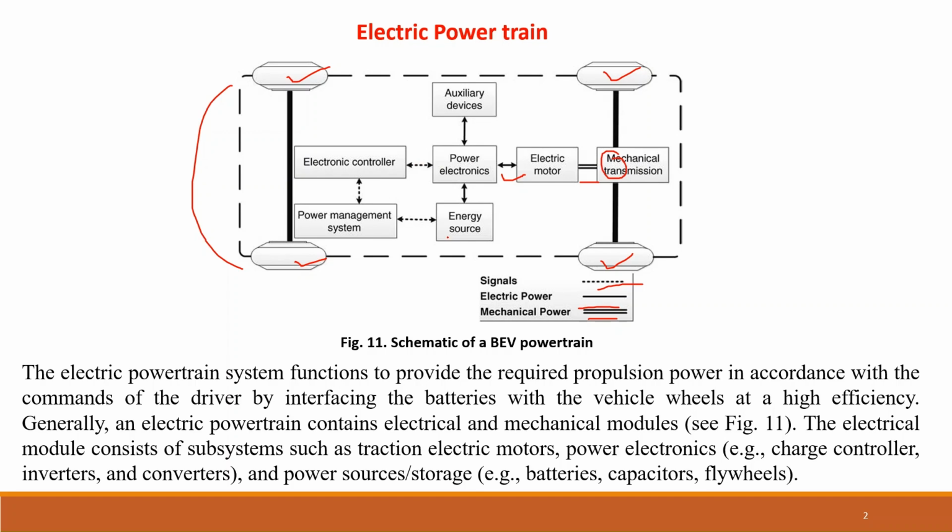The electrical modules consist of subsystems like the traction motor or the electric motor, the power electronics that is composed of the charge controllers, inverters, and converters, and the power sources of the storage, which can be batteries, capacitors, and flywheels. Apart from that, there are auxiliary devices, the electronic controllers, and the power management system.